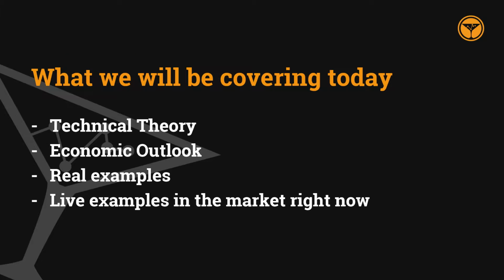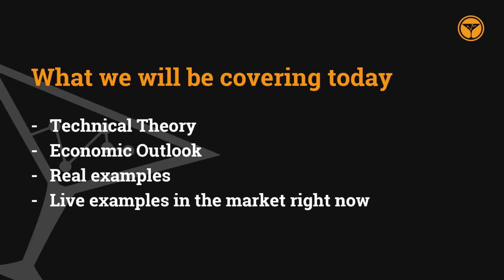So now that we have that over and done with, what we're going to be looking at today is technical theory, economic outlook, real examples, and some live examples. With the technical theory, we're going to be talking about how to read trend using price action, so actually reading it from the candles or the bars. Then we're going to take a look at the economic outlook, so we're going to look at the changes that all of the big investment funds have made, things like JP Morgan, Morgan Stanley, all of their experts have now changed their expectations for the Q2 and Q4 results.